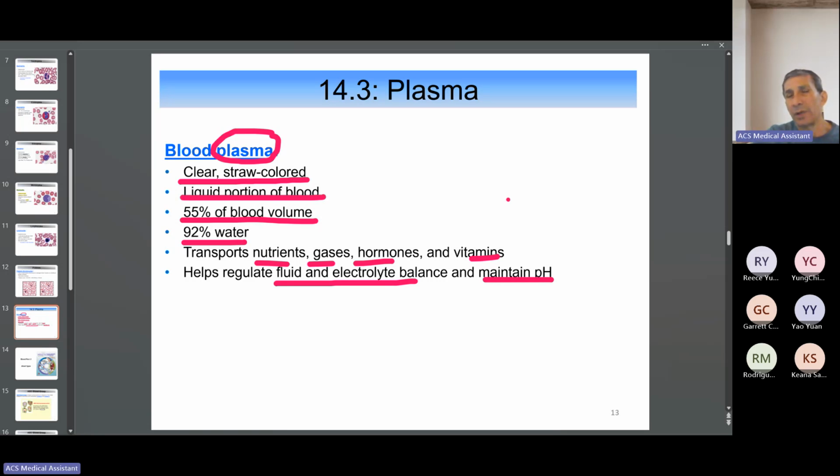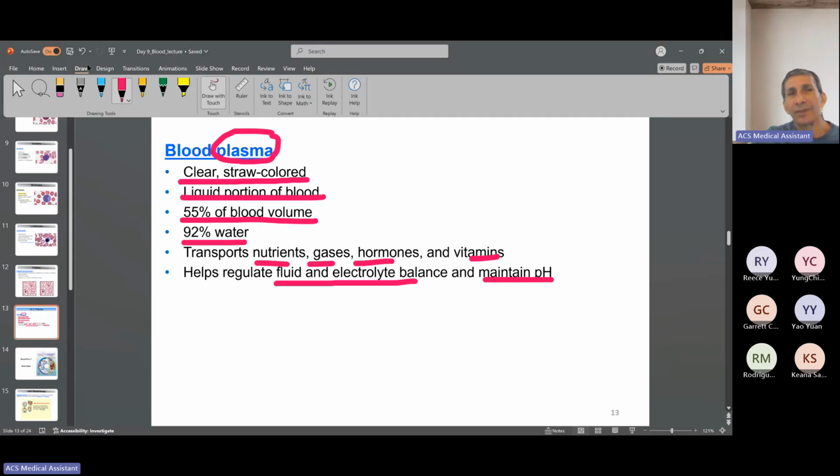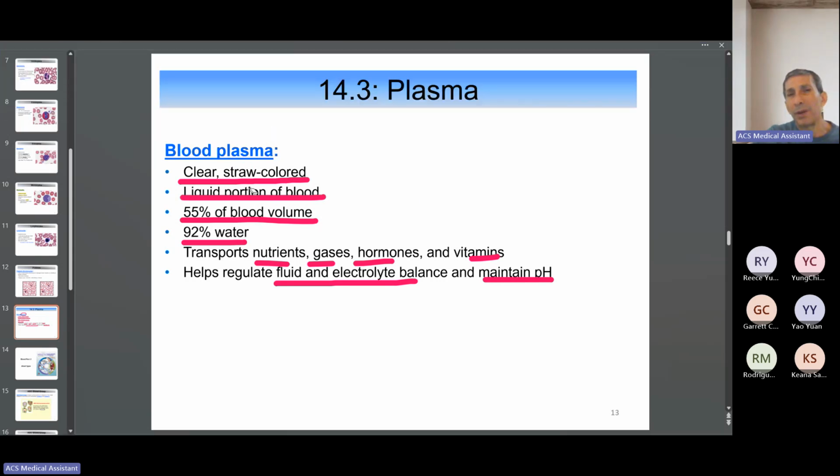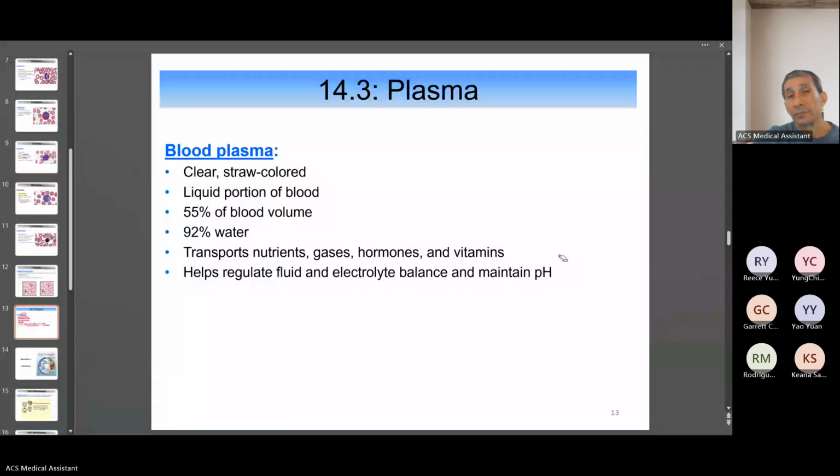So for you, just understand the plasma is the liquid portion of blood. What is plasma? The liquid portion of blood. That's it. We know already the plasma is part of the blood.